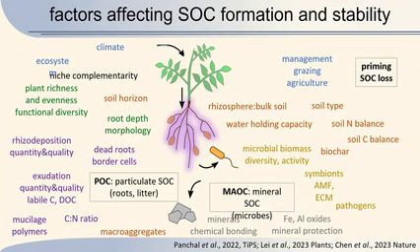Then from the plant perspective, on an ecosystem level, it depends how many different plant species we have and how they are distributed, how evenly they're distributed, and how much functional diversity we have among these plant species. It depends what type of root system they have, what root morphology, and how deep the roots go.